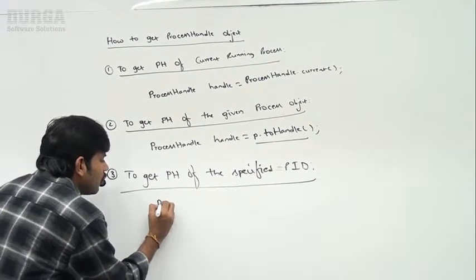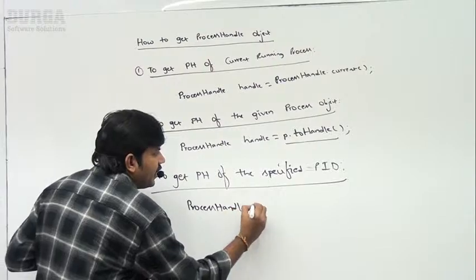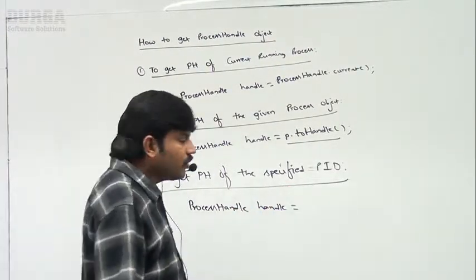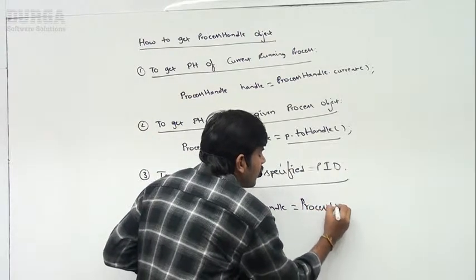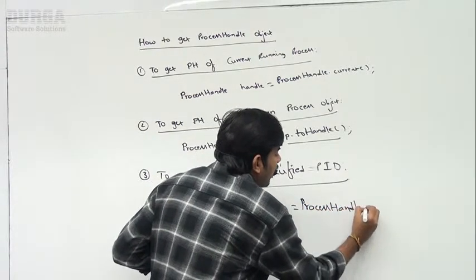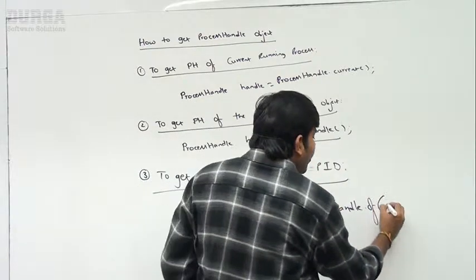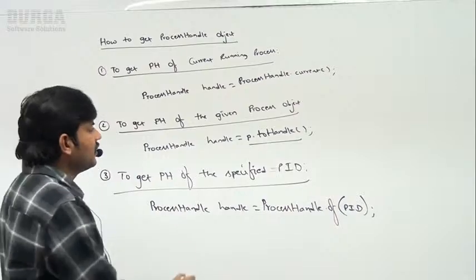Very simple. ProcessHandle is equal to ProcessHandle.of, specify the PID, like this, right?